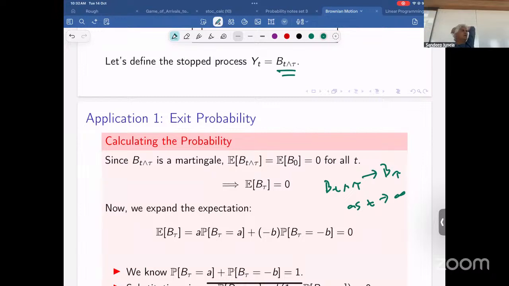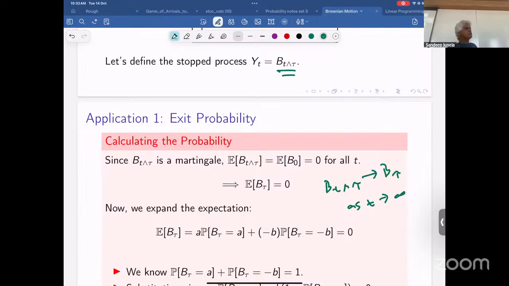Suppose I had a process which remained between A and B forever, meaning you never hit A or B. Then I'd have issues; for that process, tau will be infinity.